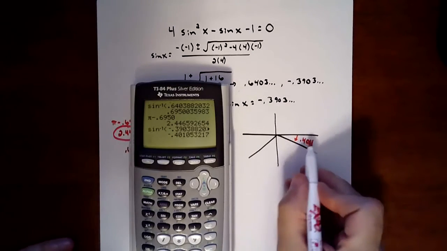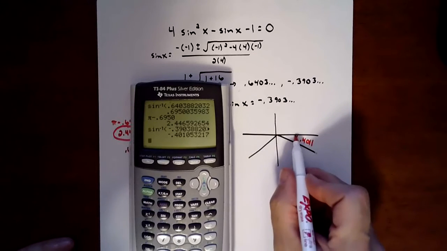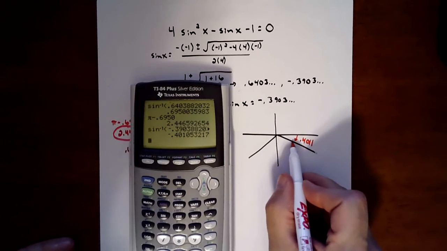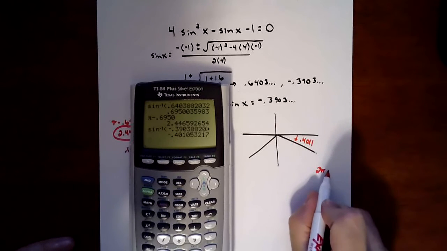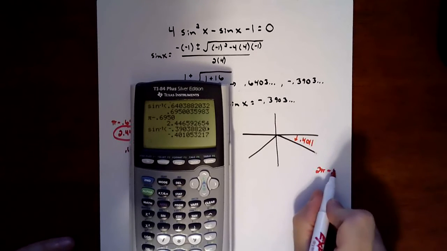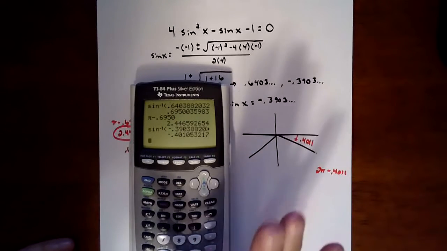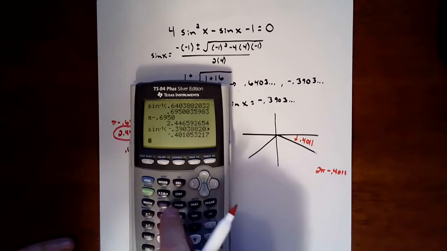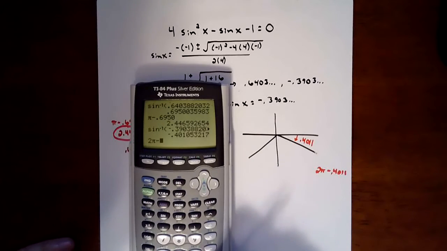Now again, if we knew that was 20 degrees, I would take 360 and back it off 20 degrees. So I'm going to take 2 pi and back it off 0.4011. Again, I'll let the calculator do that. So I have 2 pi minus 0.4011.